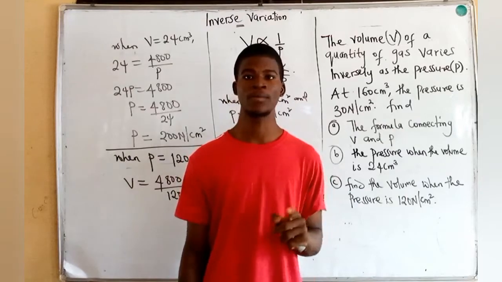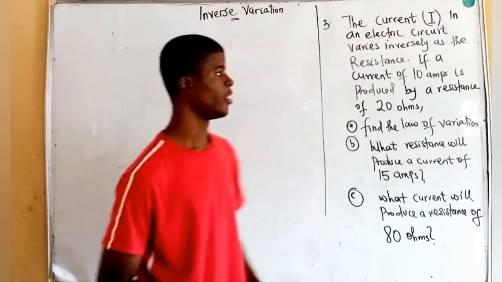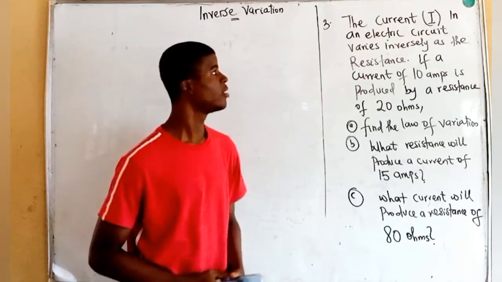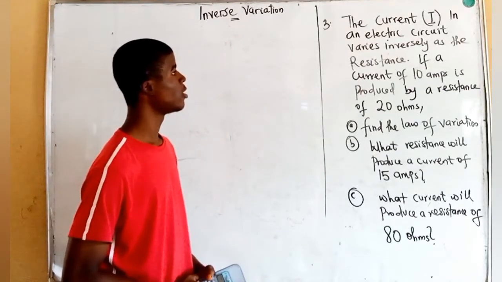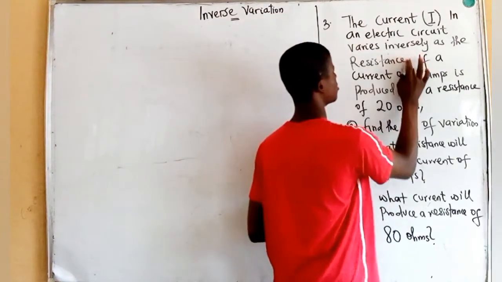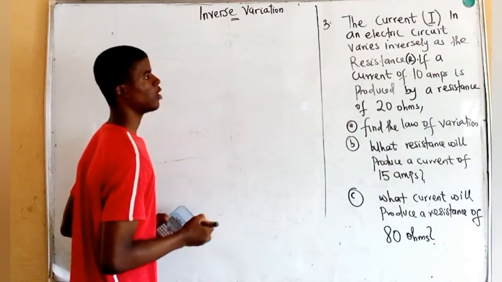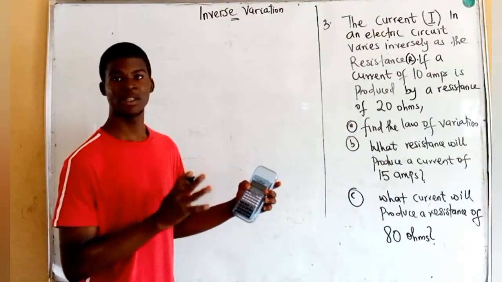Now to the last question. It says, the current I in an electric circuit varies inversely as the resistance R. Let's first express that statement mathematically.